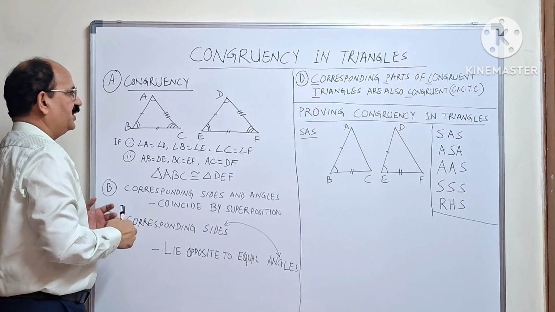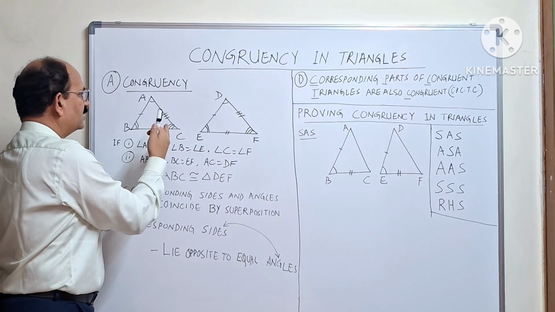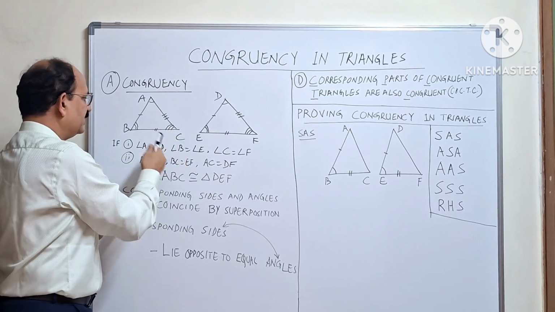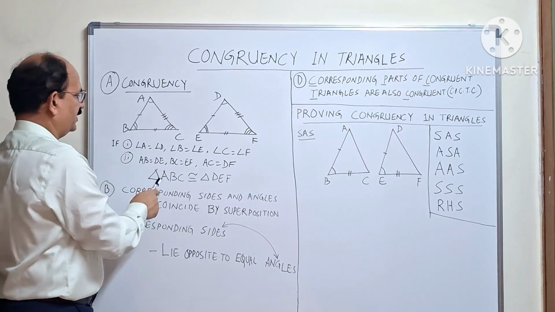If you find two triangles ABC and DEF meeting these conditions, it means they are congruent.